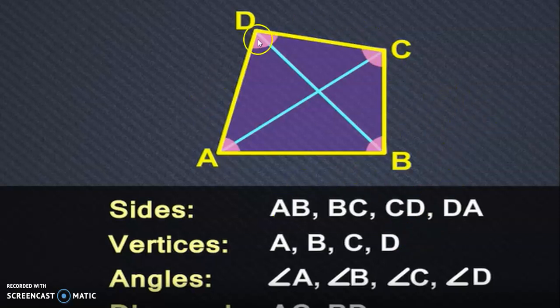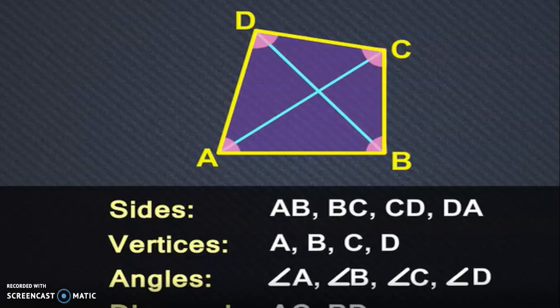Out of these 10 measurements, how many are necessary? How many measurements or how much data is compulsory to draw a unique quadrilateral?